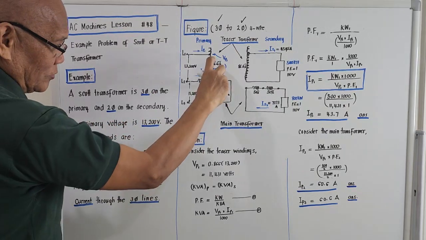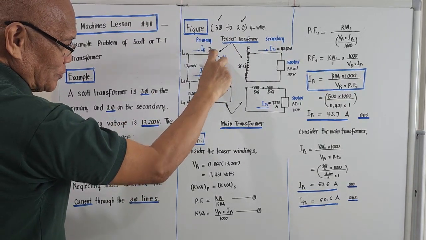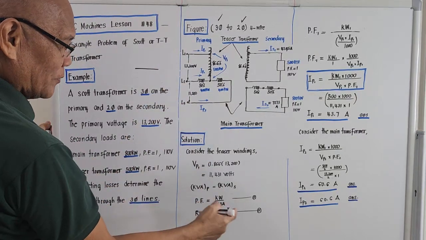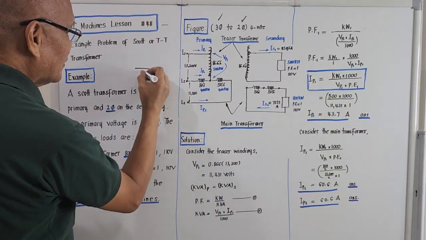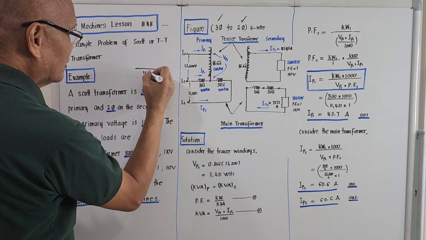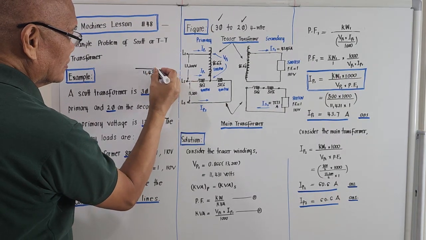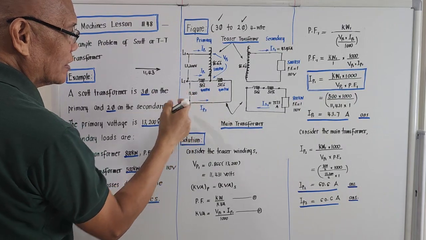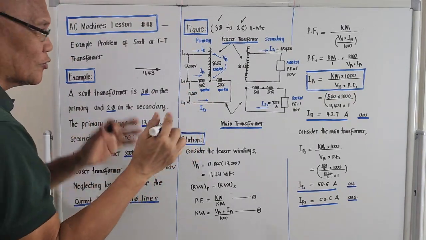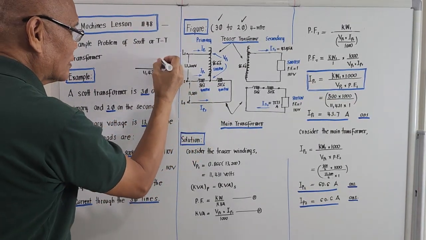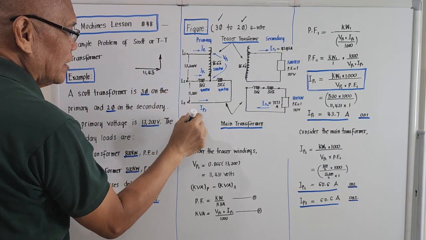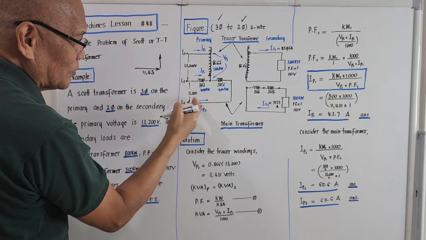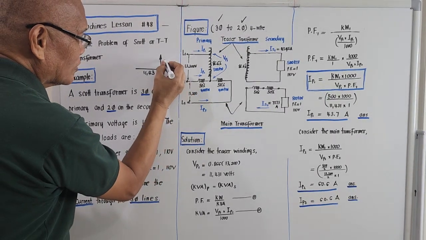If we take 86.6% of 13,200, it will be 11,431. The voltage across this winding and the voltage across the other winding are 90 degrees out of phase. So this is a vertical thing. And 50% of 13,200 will be 6,600.